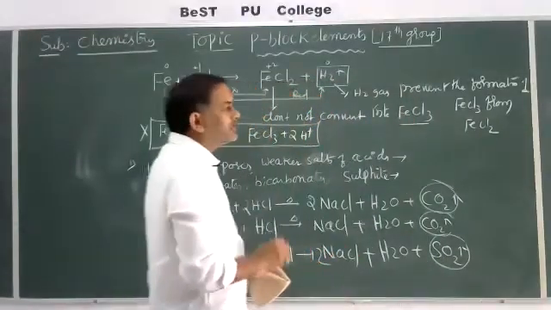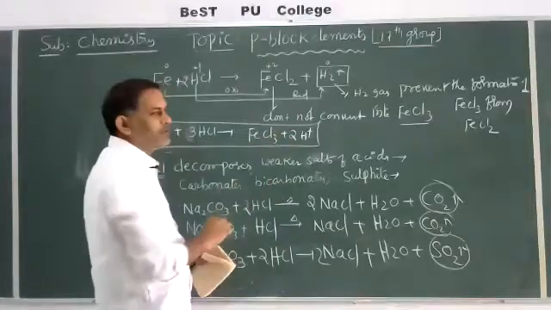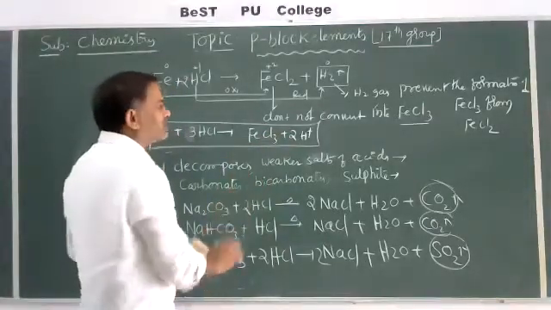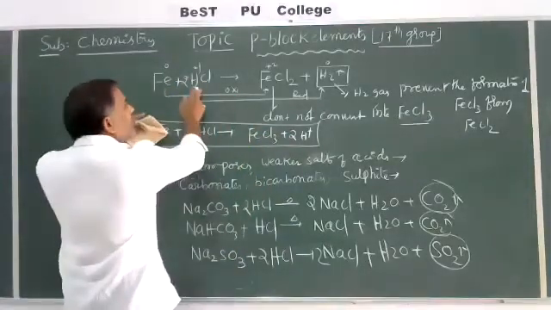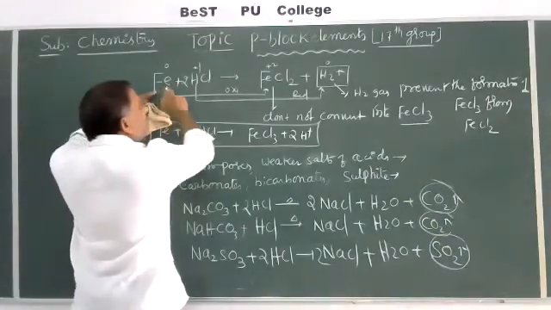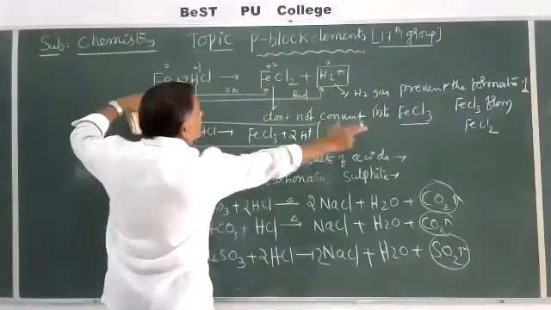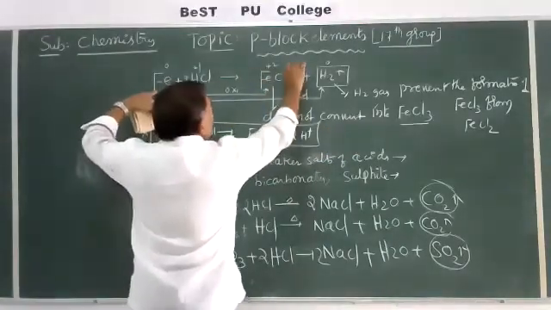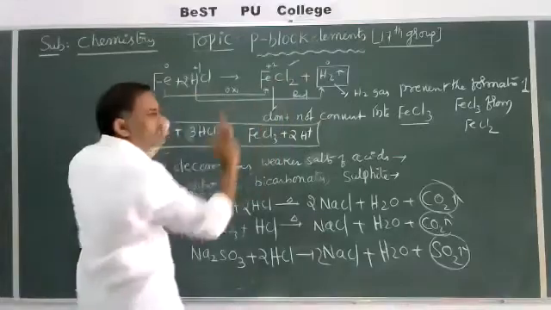Based on their standard reduction potential values, SRP values, and their reactivities, why does hydrochloric acid react with iron and not convert it into FeCl3, giving only FeCl2? Give reason.